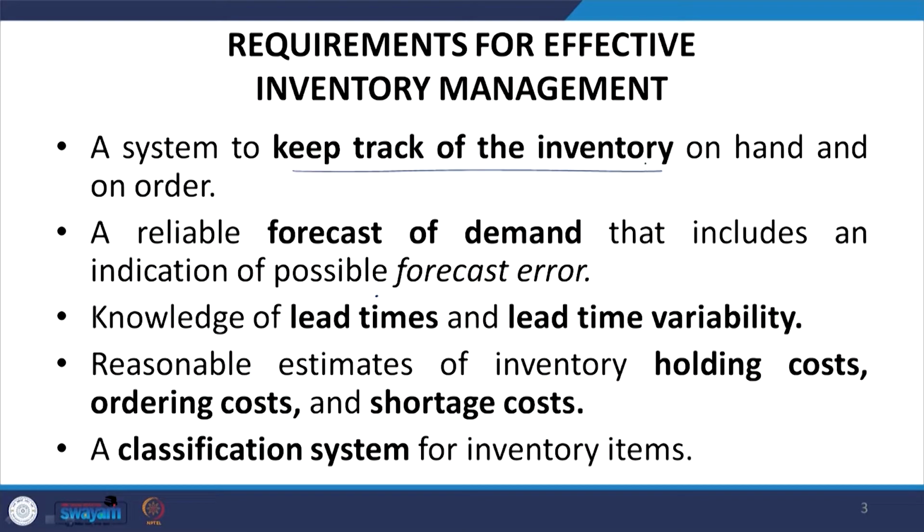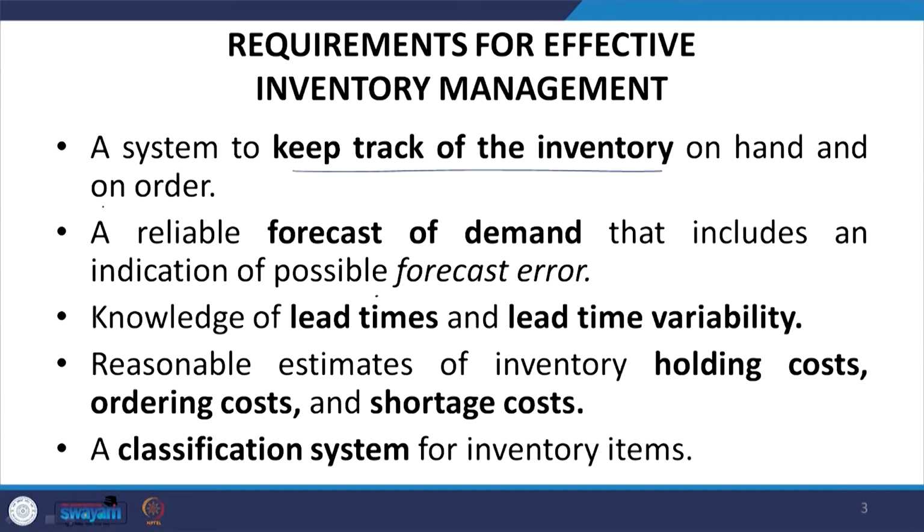Now, for effective inventory management, what are the requirements? Once we have understood that if I have a scientific inventory system, I should have answers to these questions, we should be able to keep track of the inventory on hand and on order. Sometimes in small organizations, where we do not have well developed information systems, the employees change.